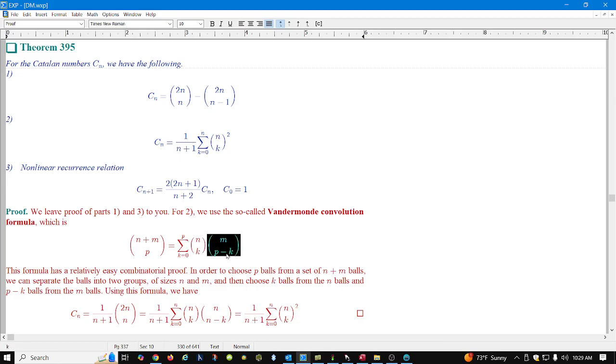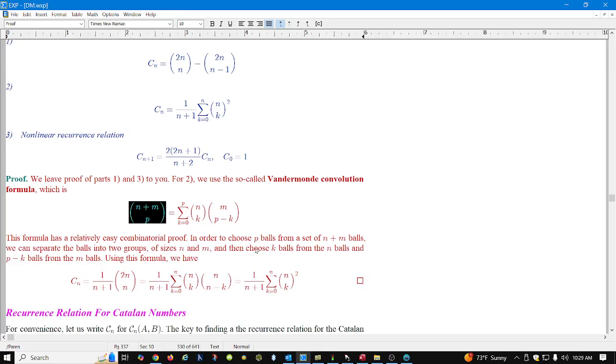And that is a way to do all of these choices. Okay? And so that's where the Vandermonde convolution formula comes from. And we can use that here in the expression for the Catalan numbers, and that will give us this expression here.